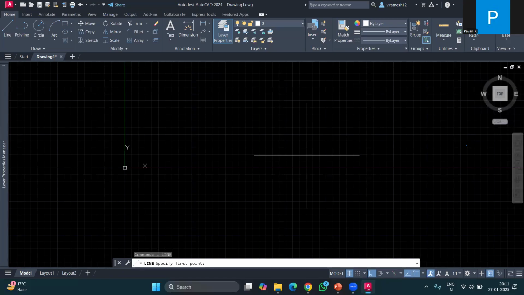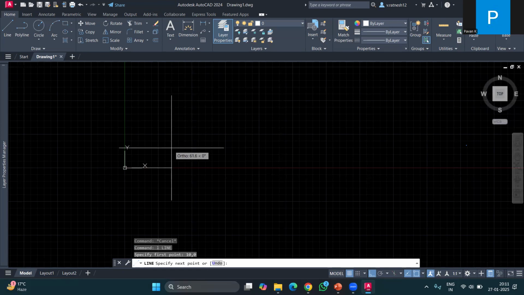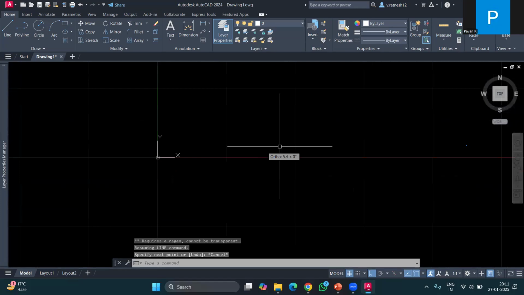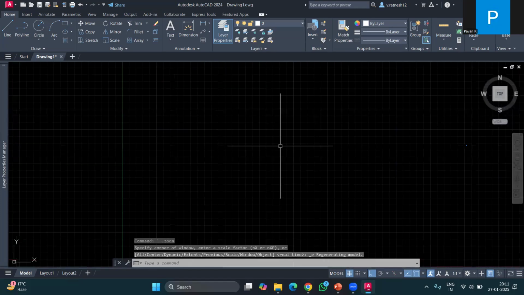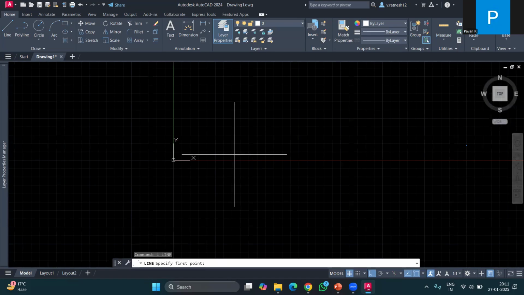So you will put 10, comma 0. Look what happened. It is very small. No issue. So let's say 50, comma 0.